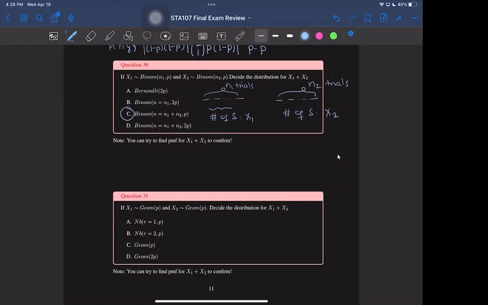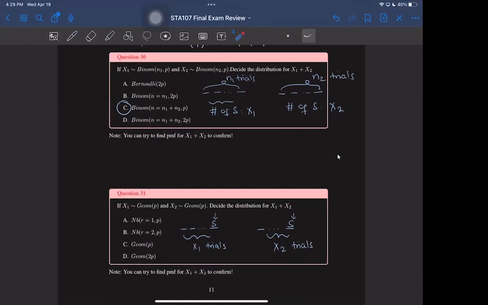Again, this was also covered in the tutorial. X1 follows a geometric distribution. So X1 denotes the number of trials until you get the first success. So here you have X1 trials, and then similarly, here you have X2 trials.